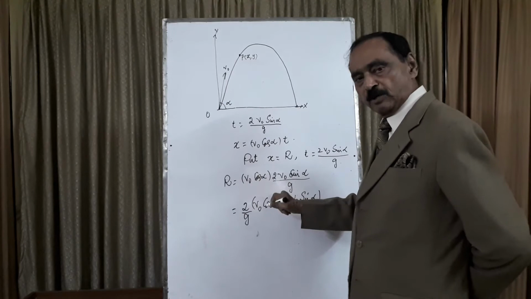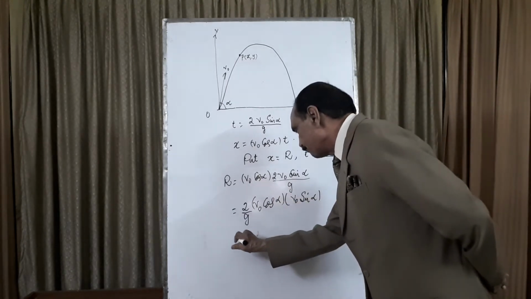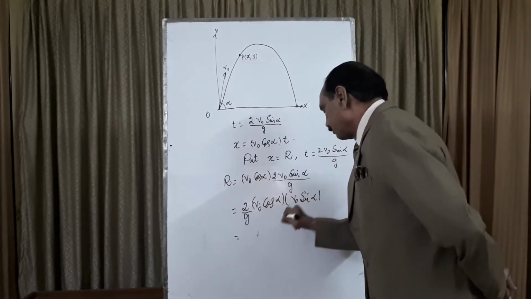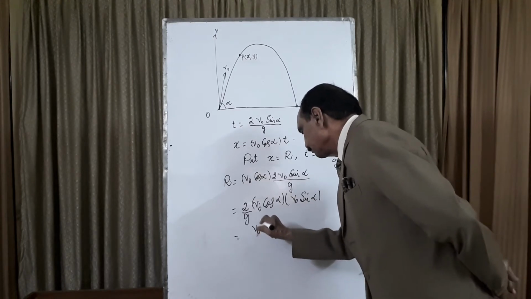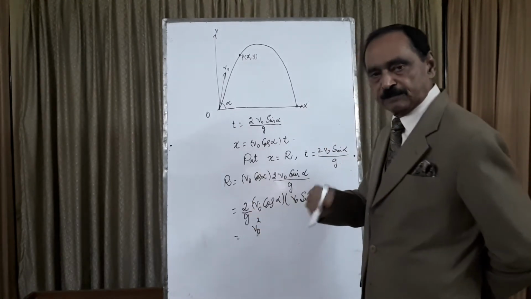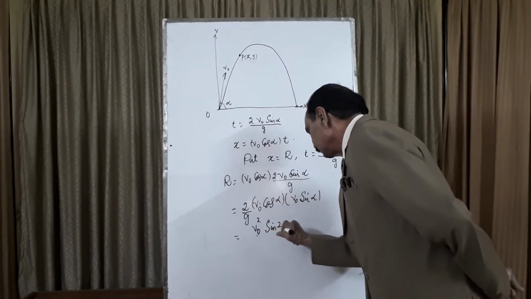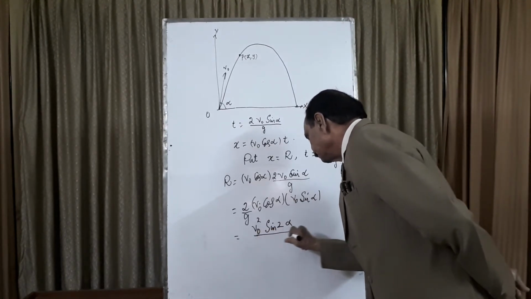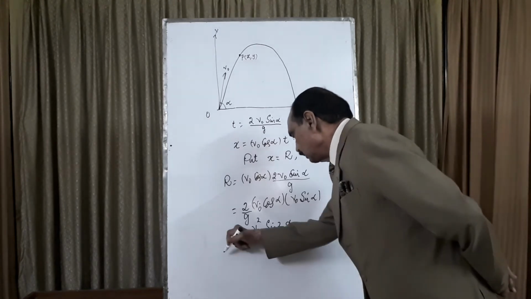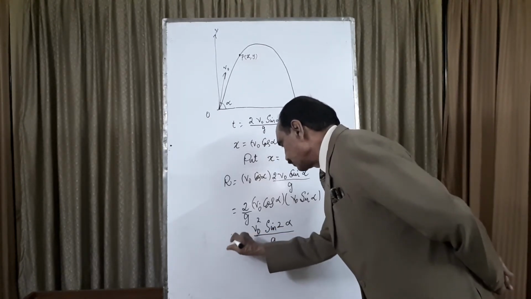So the same formula can be written in this way as well. v0 multiplied by v0 becomes v0 square, and 2 sine alpha into cos alpha becomes sine 2 alpha, divided by g. This is of course the range of the projectile.